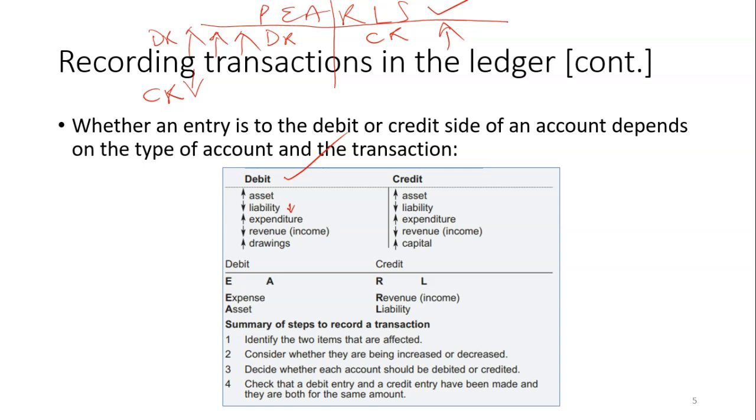So when you want to reduce liabilities, you debit them. Expenditure is increased by debiting, but to reduce expenditure, you credit it. Revenue, that's income: when you debit revenue, you will be decreasing it. Drawings, when you increase them, you are debiting.